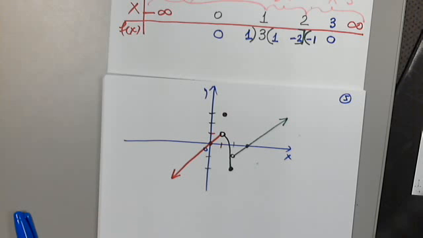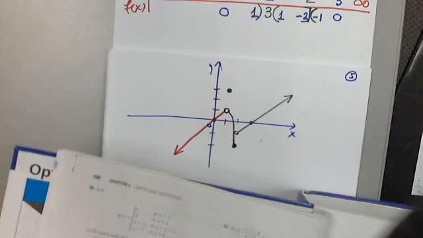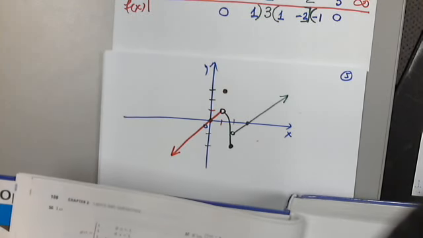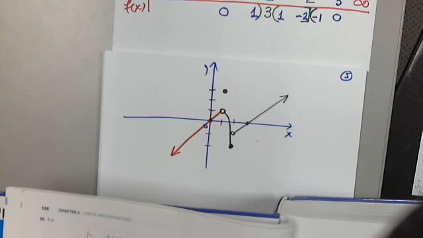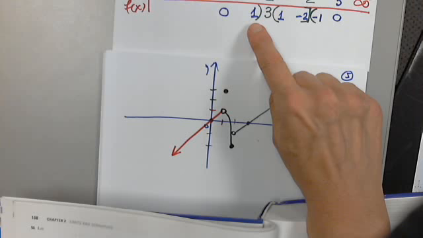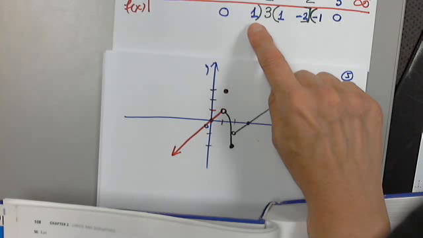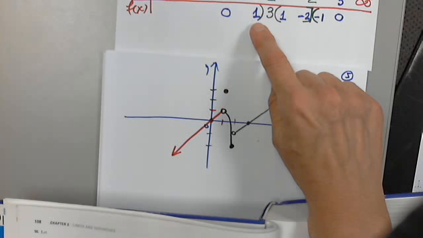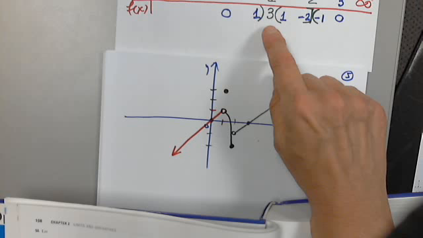And since we are here, let's answer these questions. So first question is, find the limit as x approaches 1 from the left. 1 from the left. 1. 1 from either side. Exactly. G of 1.